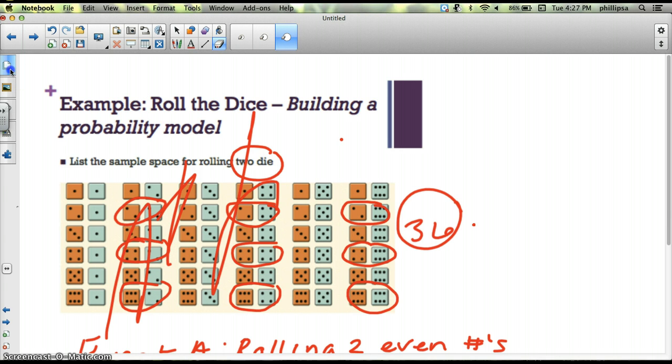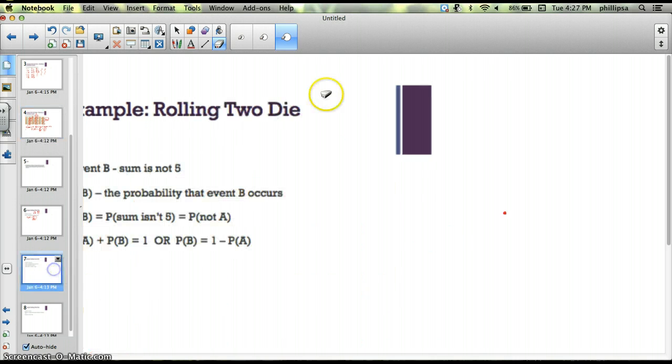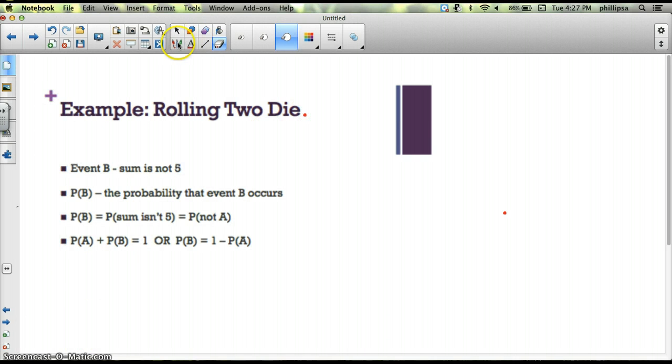Anyways, we can find all of the outcomes that are not a sum of 5. So we could say, oh, well, 1 and a 1, 1 and a 2, 1 and a 3, but this would take us a very, very long time. And so it is probably much easier to say 1 minus the probability that it will be a 5.